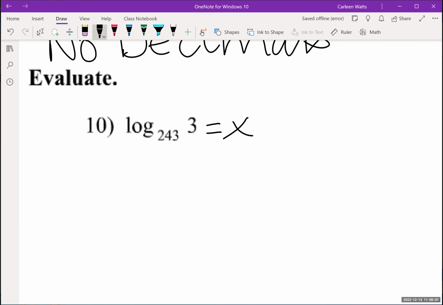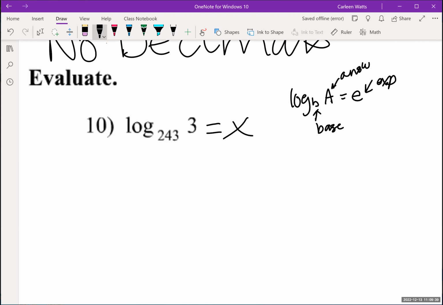Now, log base B of A equals E, where this number is the base, this is the answer, and this is the exponent.